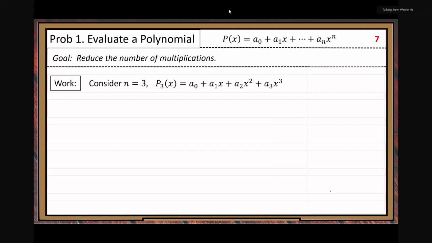Think about it. A similar way, but nested. You can factor it partially. Right, you can remove x from the last 3 terms and keep A0 separate. Yes, we can.